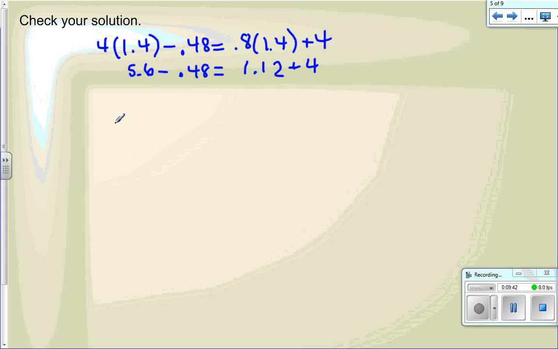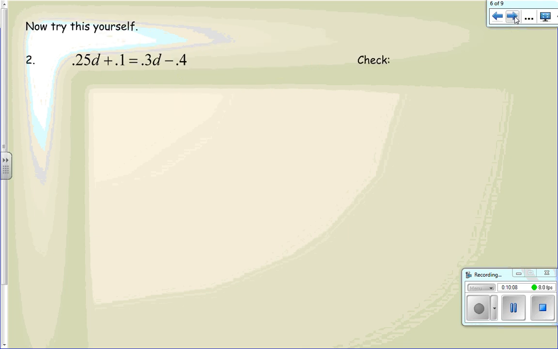So 5.6 minus 0.48 is going to give me 5.12. And then 4 plus 1.12 is going to give me 5.12. So I check. And you can use a calculator for these equations, which I'm sure many of you guys will be very happy about. Okay, so next, let's go ahead and you can try one on your own.